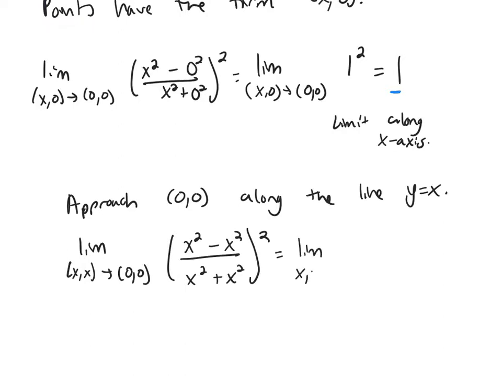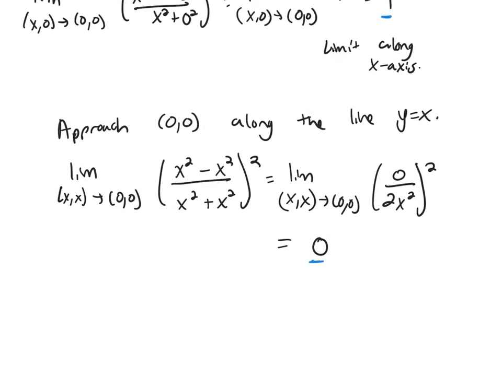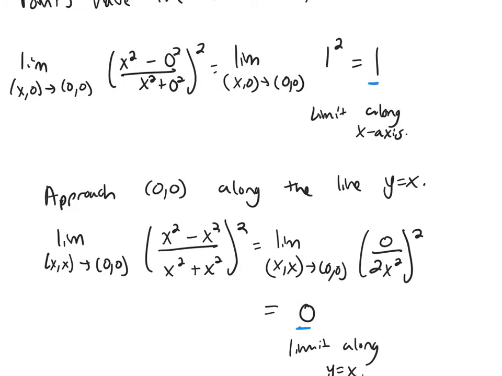So now I'm looking at, in the numerator I get x squared minus x squared, which is 0, over 2x squared. Well, that's just 0. And the limit of 0 is 0. So this right here, this is our limit along y equals x.